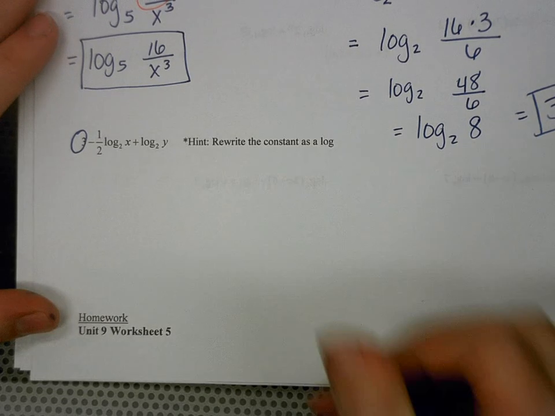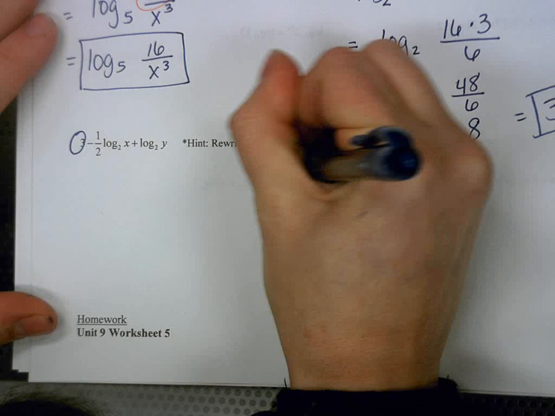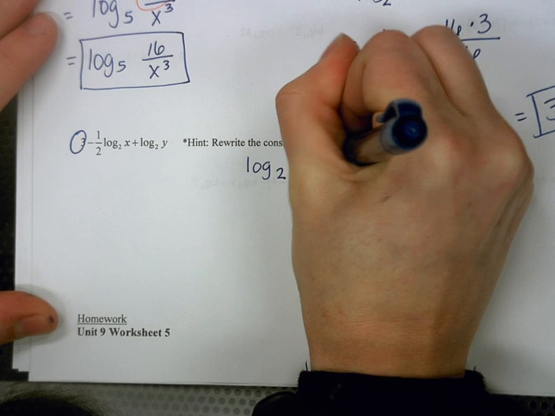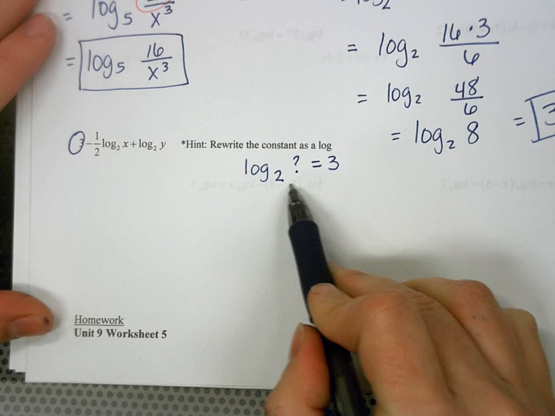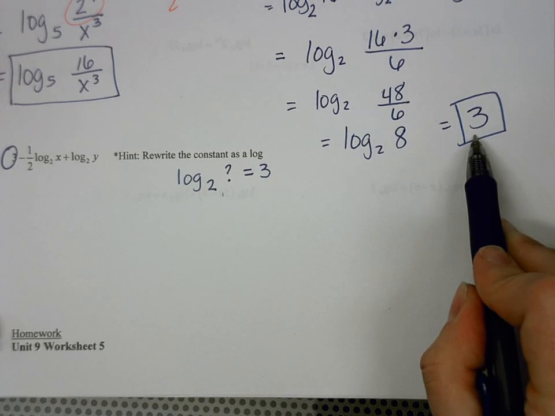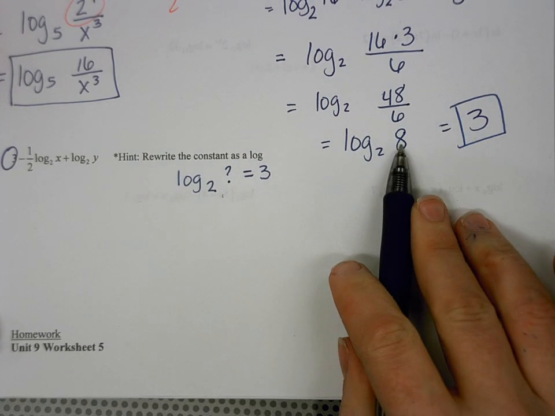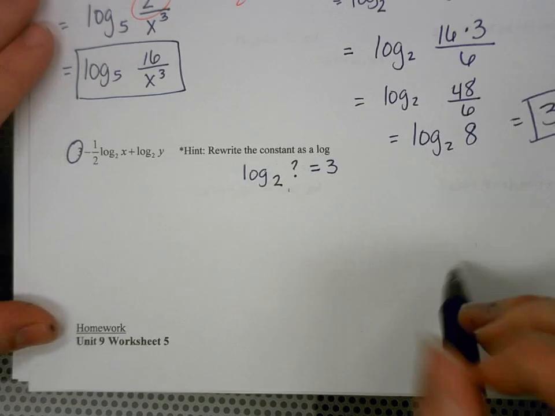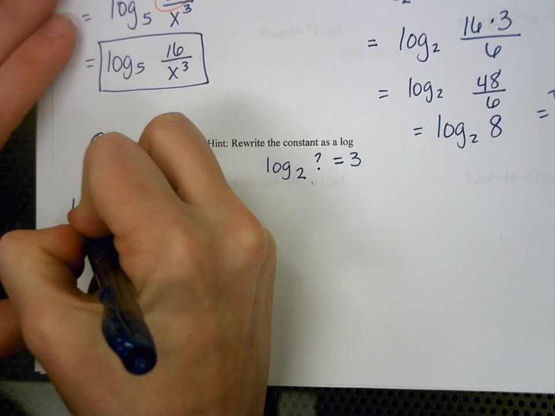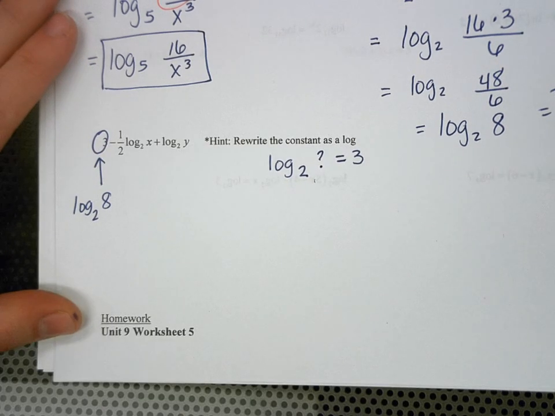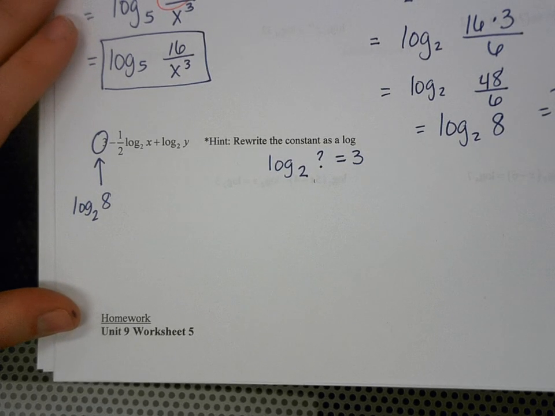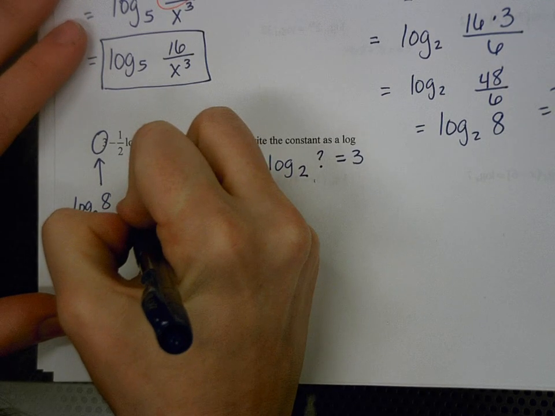So log base 2 of something gives us 3. Log base 2 of what number gives us 3? 8. So this right here is log base 2 of 8. Because 2 to the 3rd power is 8. 2 times 2 times 2. Now we can rewrite the rest along with it.